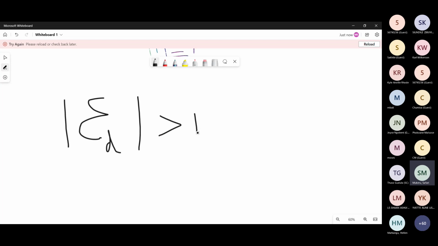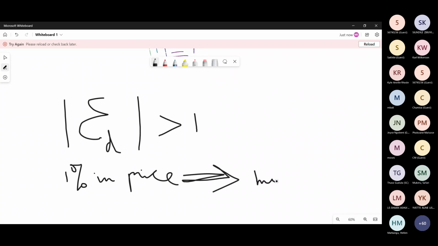If the elasticity is bigger than 1, it means that a 1% change in price implies more than 1%. Please continue the sentence. 1% change in the price implies more than 1%.